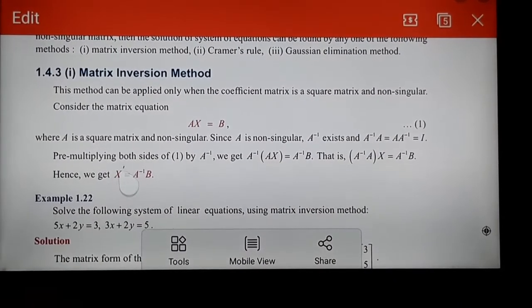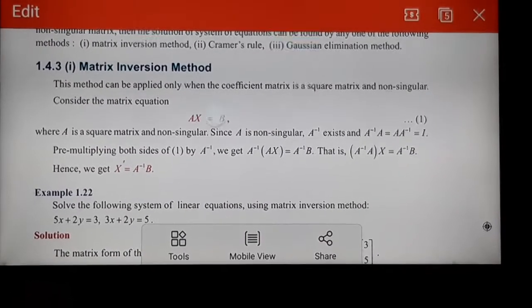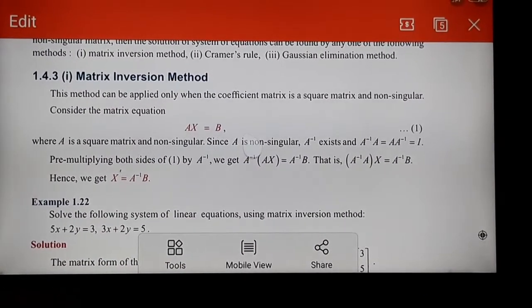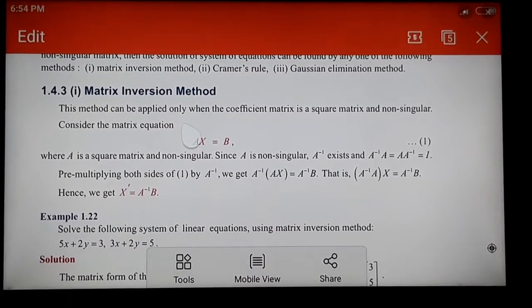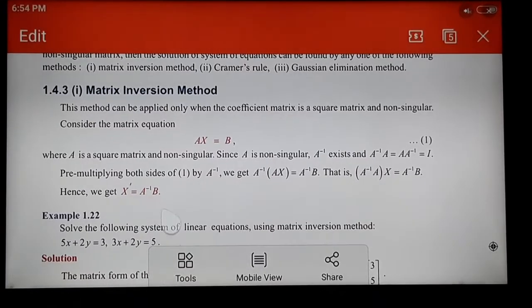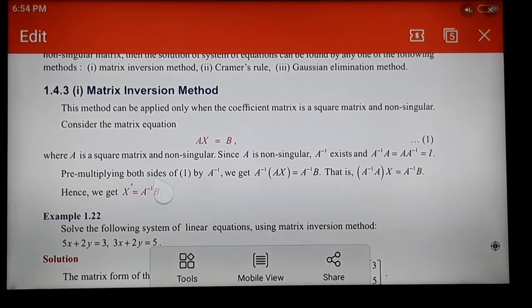We multiply A inverse on both sides. Therefore, X is equal to A inverse B, since A inverse A is equal to I.